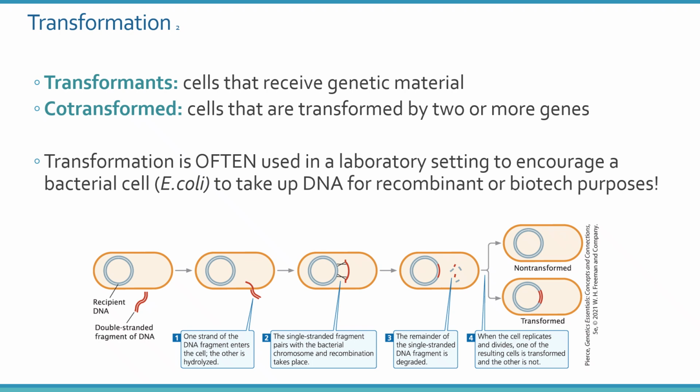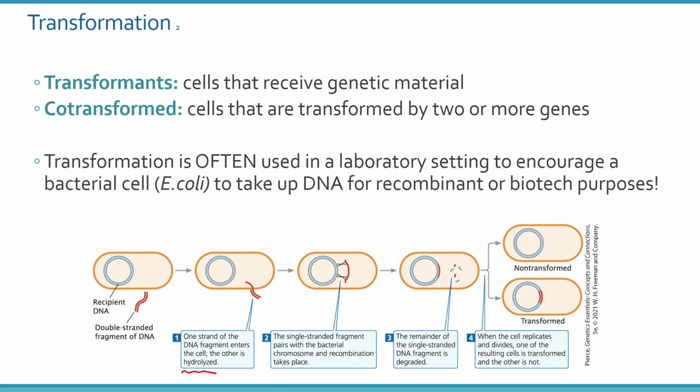So we see this double-stranded piece of DNA come in, and then as it enters, the other strand is hydrolyzed, which means broken down. We build biological molecules through a process of dehydration, and we break them down through hydrolysis reactions. So that's what's happening there.